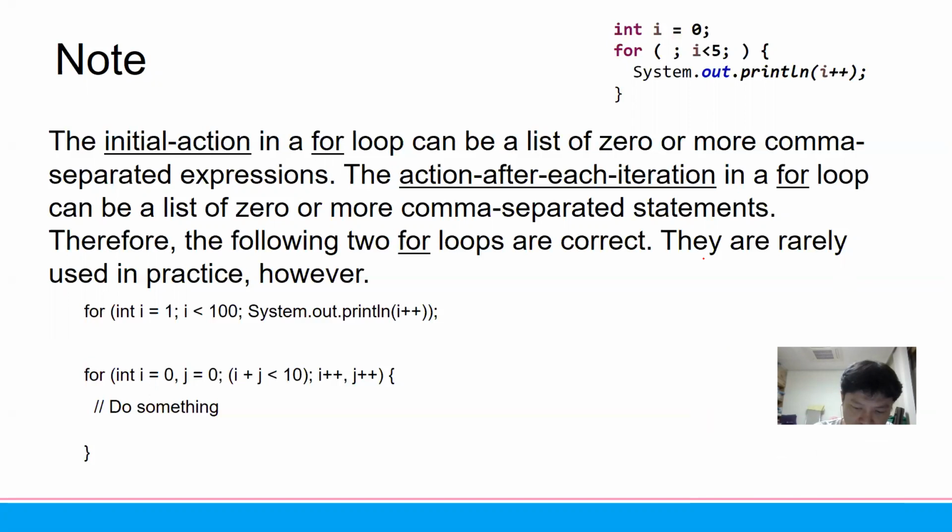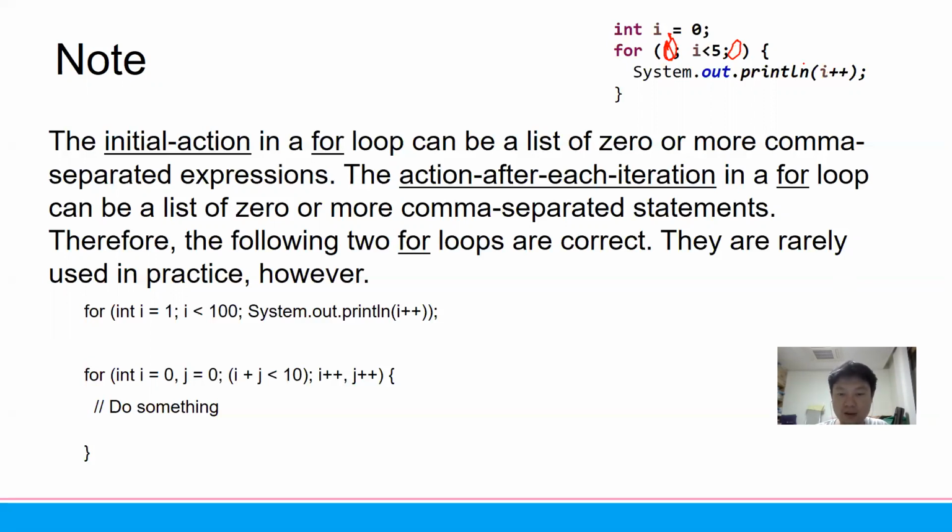So this is empty. Nothing here, and nothing here. And I want to put the initial value here before. So i equals to 0.